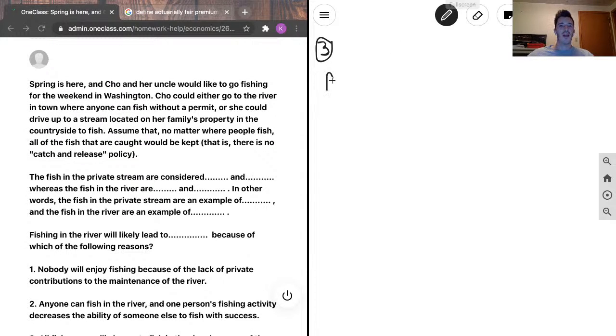So what I believe they're getting at here is public and private goods. So private goods are those that are excludable and rival.